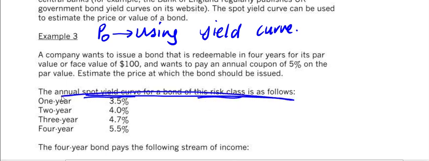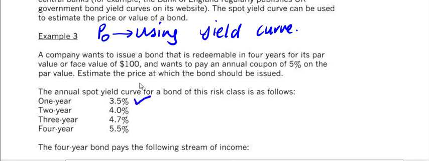That means if you invest your cash flow for 1 year only, then you will be given a 3.5% yield. If you invest your cash flows for 2 years, then those cash flows are giving you a yield of 4%.